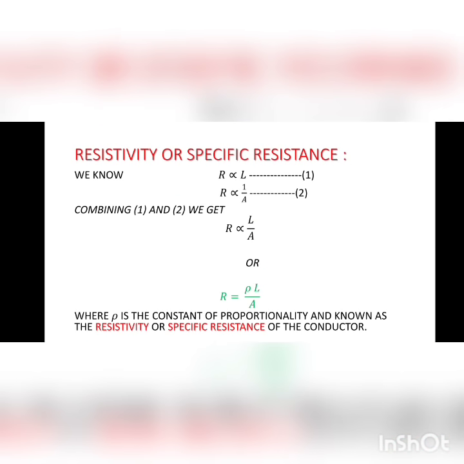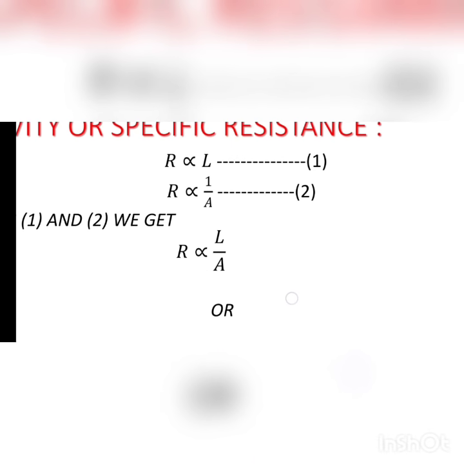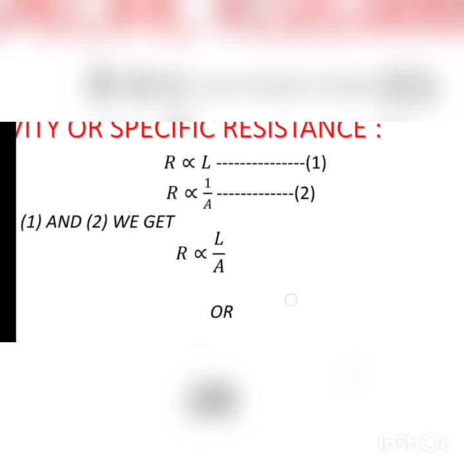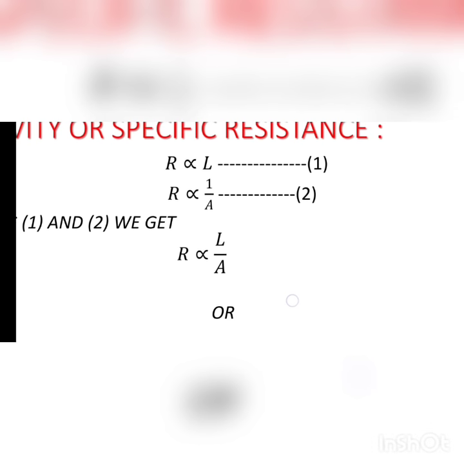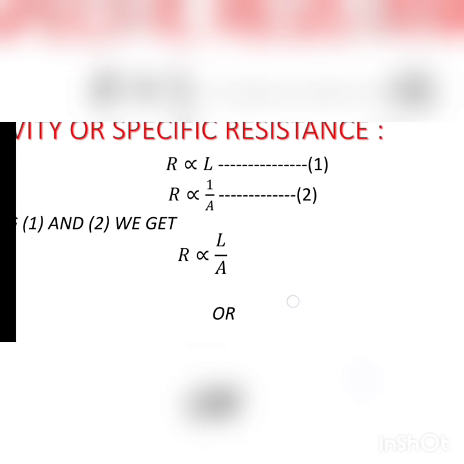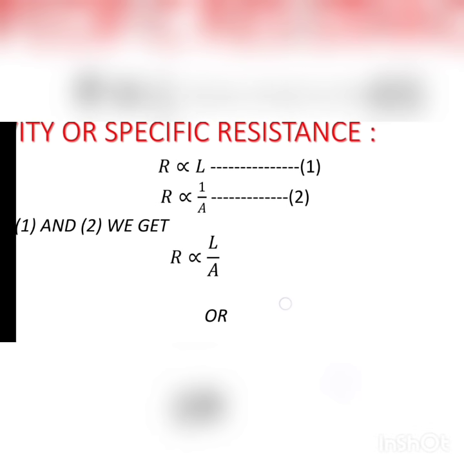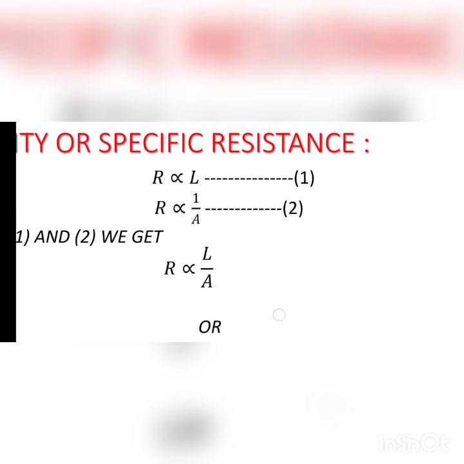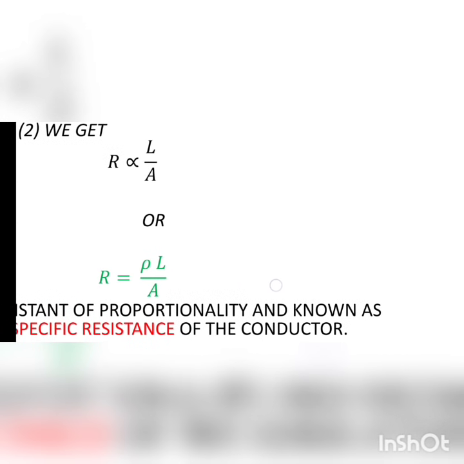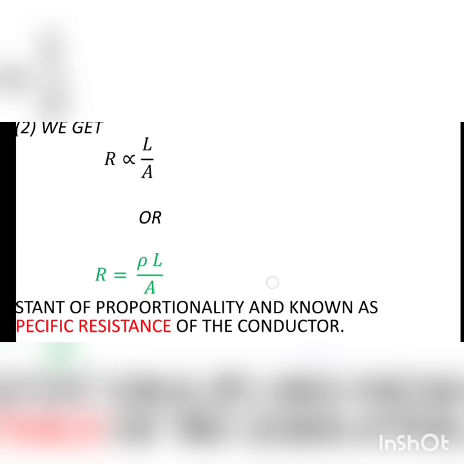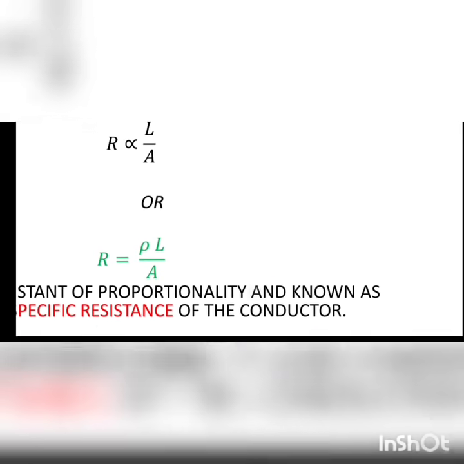Now we have done R is directly proportional to L, R is inversely proportional to A. In this second relation, I have written R is inversely proportional to 1 by A. Don't get confused and don't write L by A. It is 1 by A. So there are two relations: first, R is directly proportional to L, second, R is inversely proportional to A. Combining these two we get R is directly proportional to L by A. Removing the proportionality sign, there will be a constant rho.